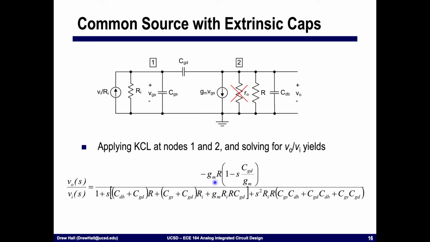We do have a 0 in this transfer function, and the 0 is related to CGD. As I mentioned earlier, anytime you have alternative paths to the output of a circuit, they're likely going to give you a 0. And so if you think about the traditional or conventional path in the circuit, I would take the input, I would develop a voltage across this capacitor CGS, namely VGS.